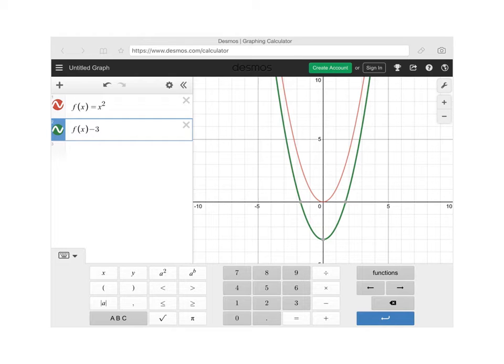Okay, so again, what did you notice? What happened in the equation? What happened on the graph?